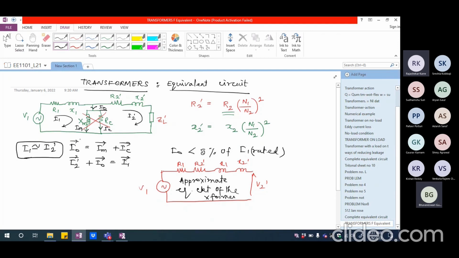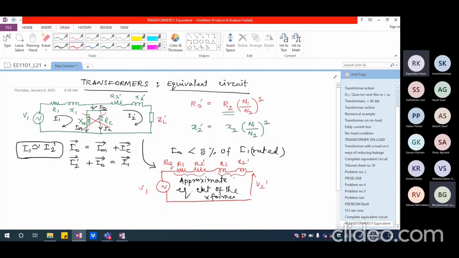So if I neglect the parallel branch current, I can simply remove this and I am drawing this as the approximate equivalent circuit. And what is done is this R1 and R2 dash together is called R equivalent. This is the equivalent resistance of the transformer inclusive of the primary and secondary winding.